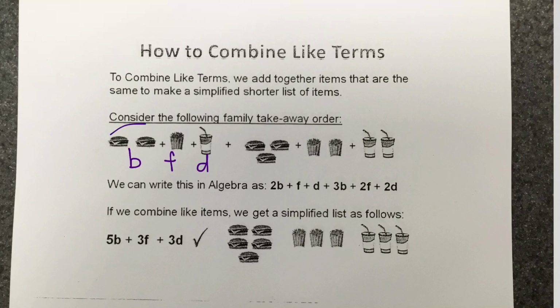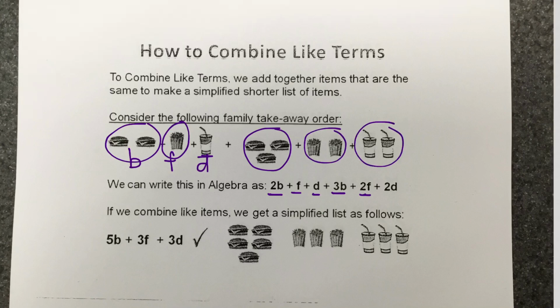So how many burgers do I have here? 2. How many fries do I have? 1. How many drinks do I have? 1. Okay, now how many burgers do I have? 3. 3 burgers. How many fries? 2. 2 fries. And how many drinks? 2 drinks.